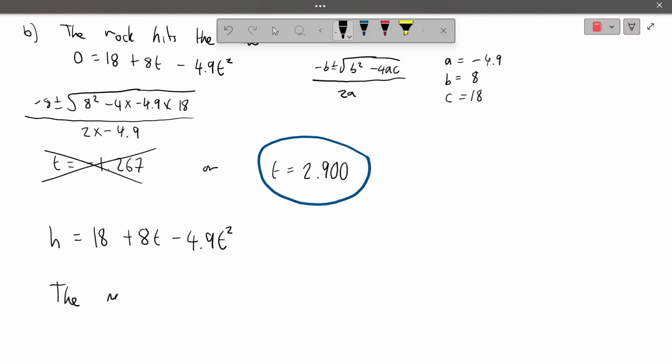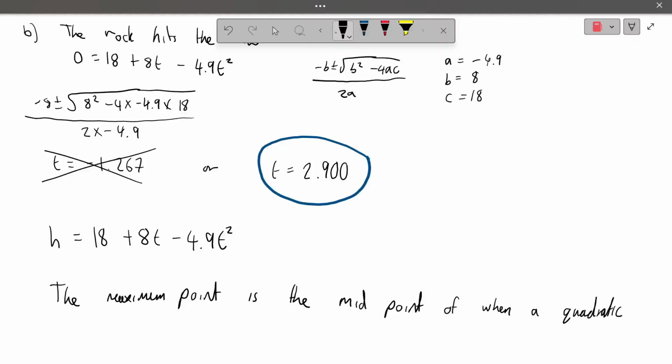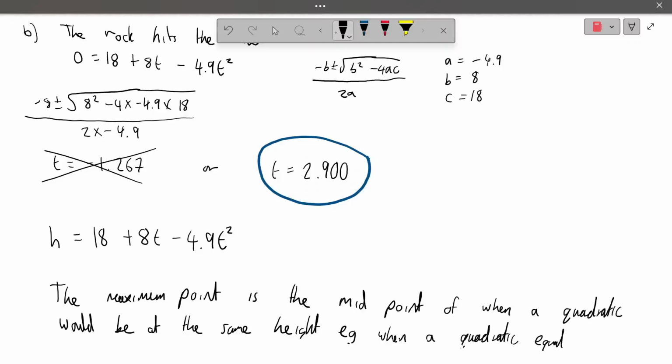So the maximum point is the midpoint of when a quadratic would be at the same height, for example when a quadratic equals 0.